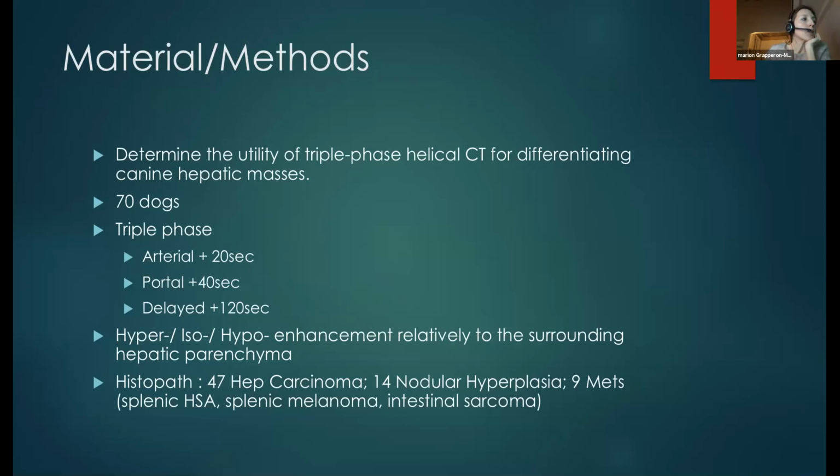And of course, all the masses went with a histopath examination. There were 47 hepatocellular carcinoma, 14 nodular hyperplasia, and 9 metastases. And 7 of the 9 were from splenic hemangiosarcoma, one splenic melanoma, and 1 intestinal sarcoma.